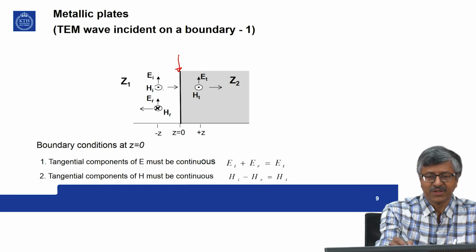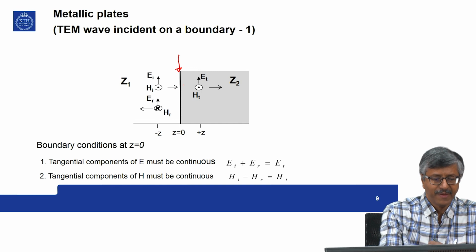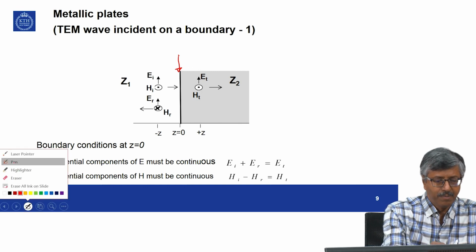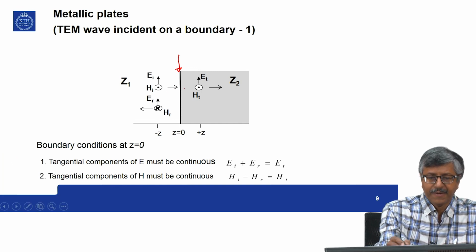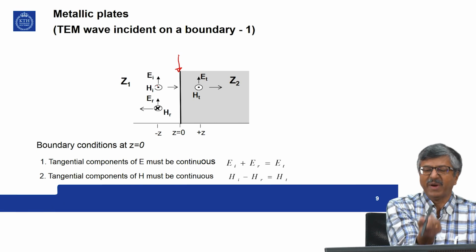So, this is the direction of propagation, and for convenience, let us say E field is directed up like this, and H field is now coming out of the plane.